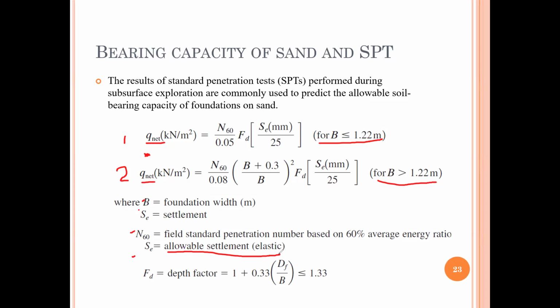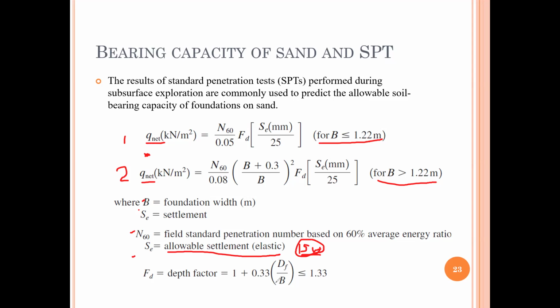But in some cases, if it's a sensitive project and the client is very specific, the client may request, okay, design for 15 millimeter elastic settlement. So when lowering the elastic settlement, we need to expect a higher bearing capacity.